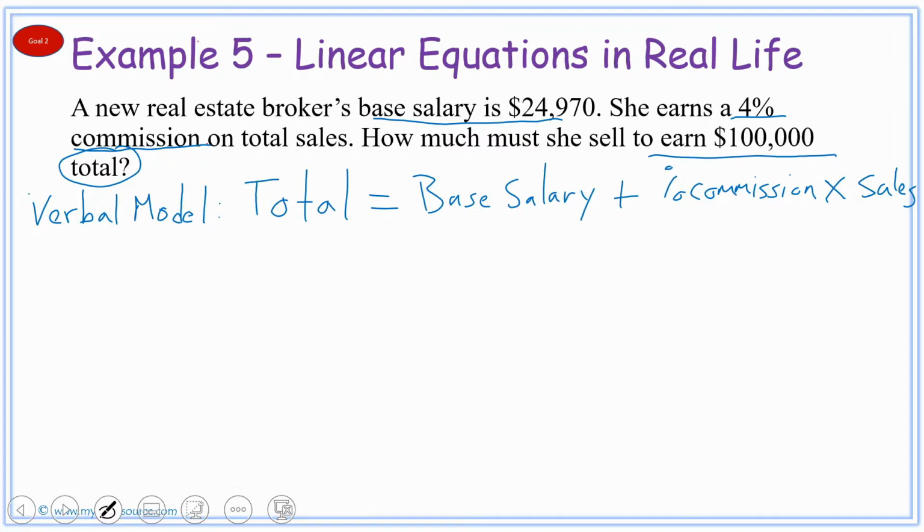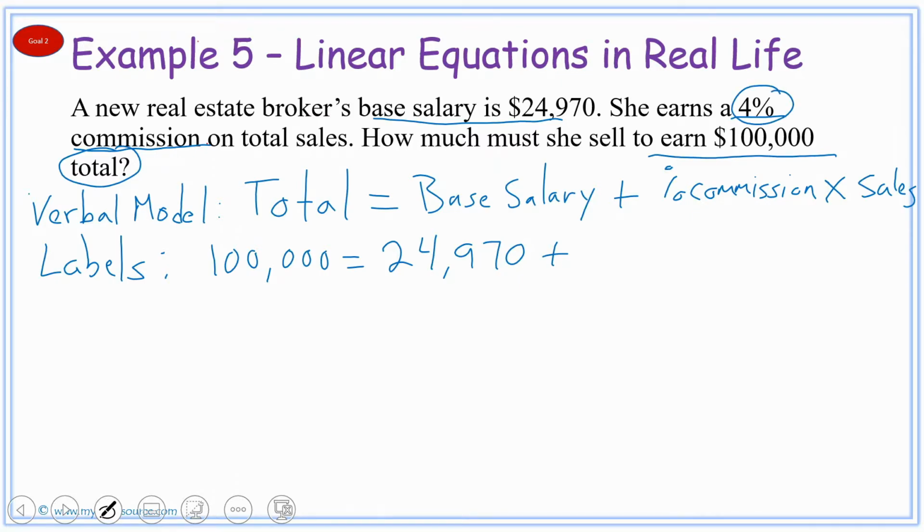Now we just need to simply put our labels in, and we could label it all at one time and just go right to the equation. So our total is 100,000, which is equal to the base salary of 24,970 plus our percent commission. Now we're going to write this percent in decimal form.